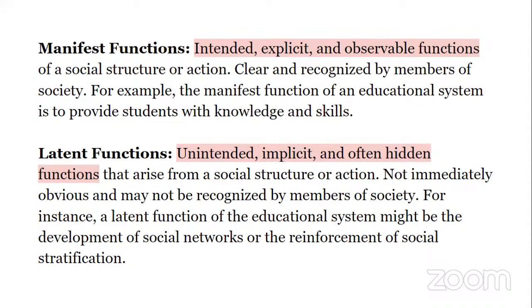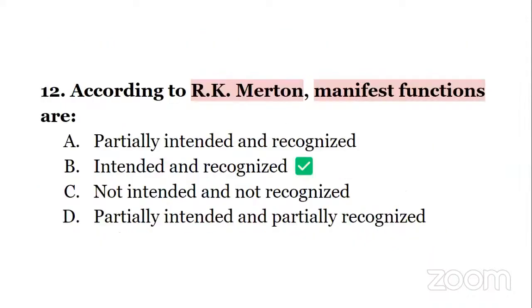Schools not only provide knowledge or teach skills to students, but they also act as a place for kids to develop their social networking or social relations, or teach them different social values. So these are the hidden or unintended functions of a school, and this type of function is known as latent functions. Okay, so our answer is manifest functions are intended and recognized functions.